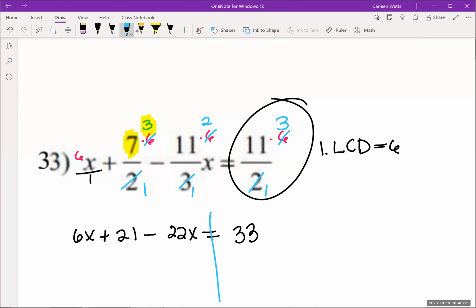Okay. So I'm going to take the 6x minus the 22x. So I'm going to get negative 16x plus 21 is equal to 33.